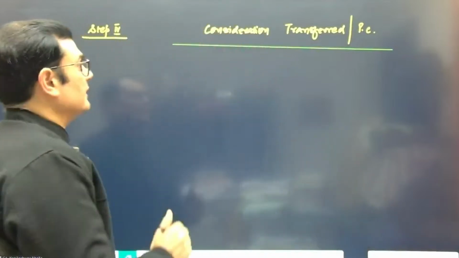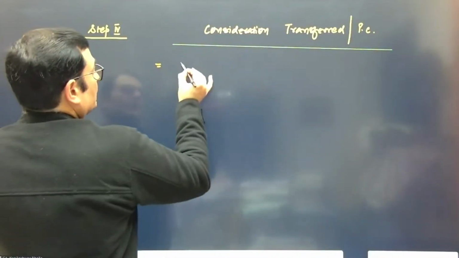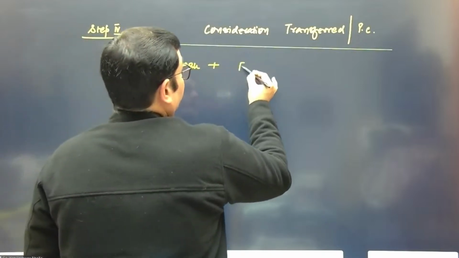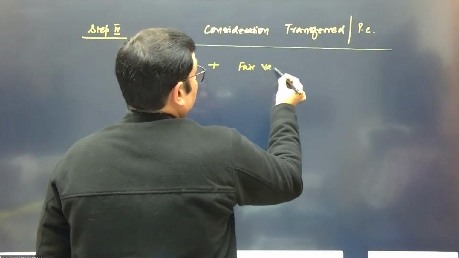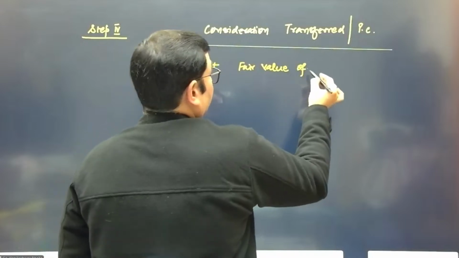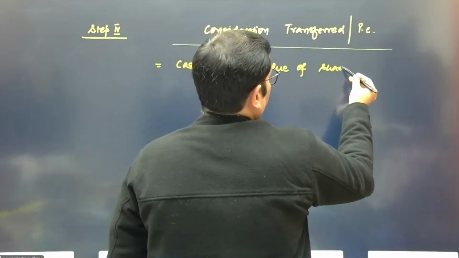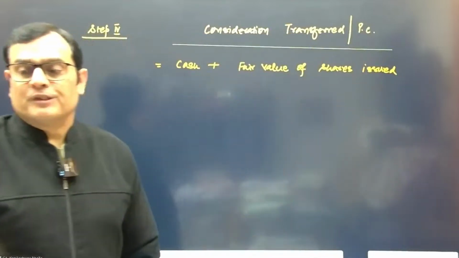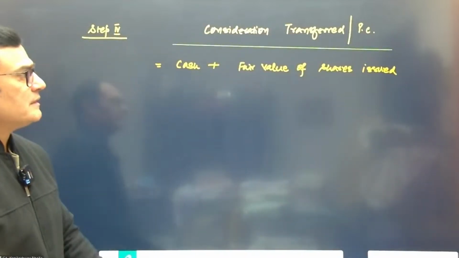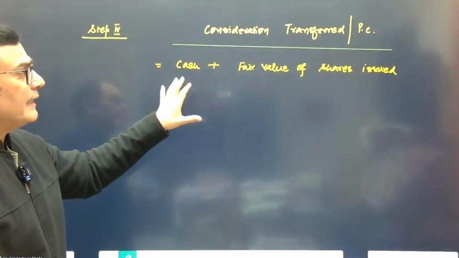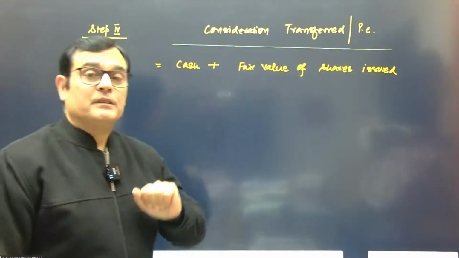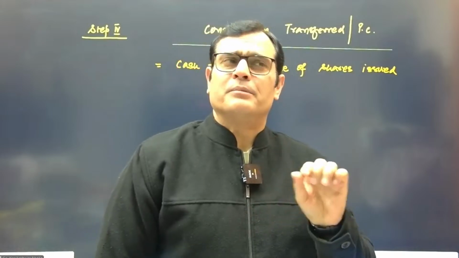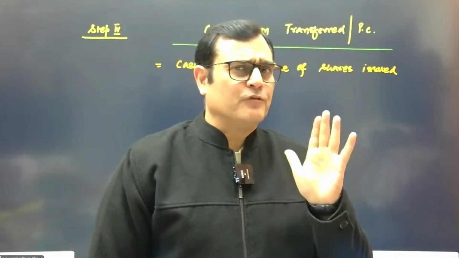So as a part of the consideration transferred, you will add the cash and you will add the fair value of shares issued. We will consider the fair value of the shares which are issued by the acquirer company. So this is a basic element in the purchase consideration, that you add up the cash which is given and the fair value of the shares issued by the acquirer company. This is a basic component which you will confront.